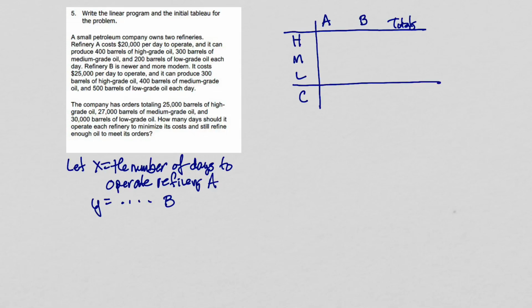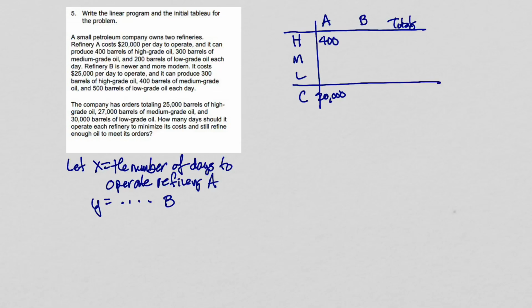All right, so what do we know about refinery A? It costs $20,000 a day to operate. All right, so this is going to be a $20,000 here. And then it can produce 400 of these high-grade barrels. So what we're going to have here is 400.